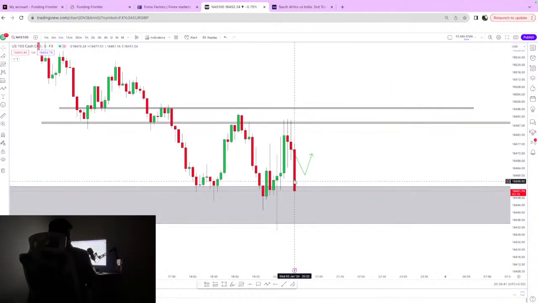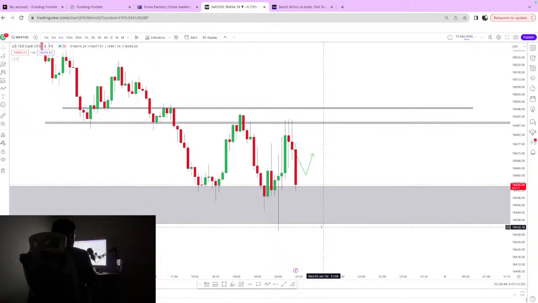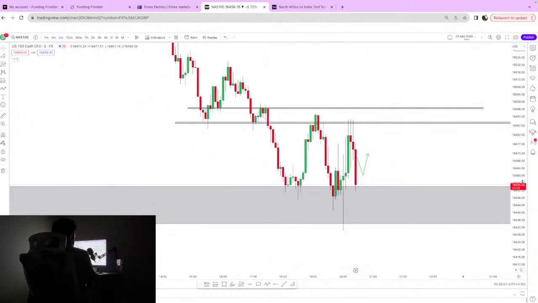So if this red candle closes below this level, then we may look for a sell trade. Clear?